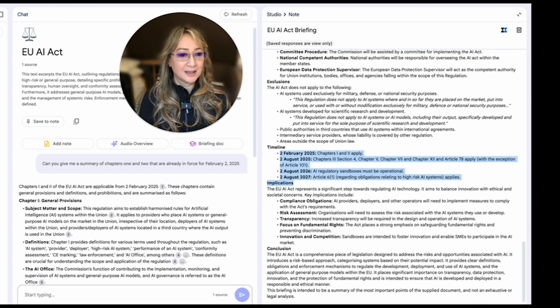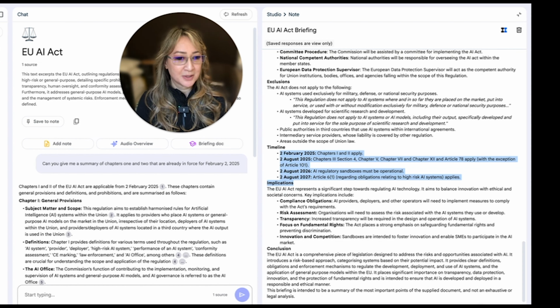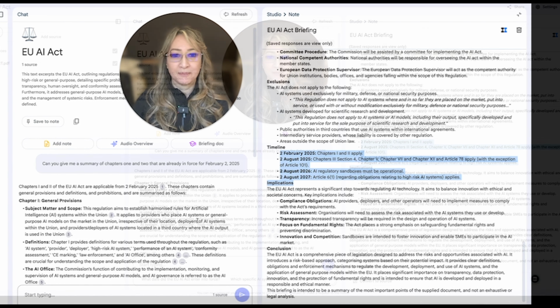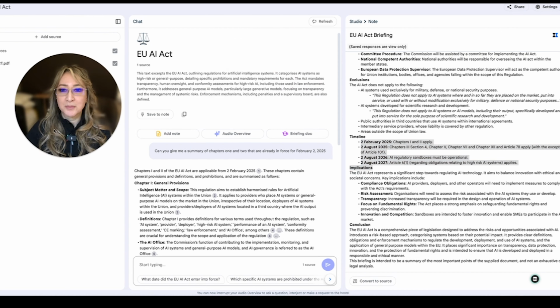It places significant importance on transparency, data protection, innovation, and the protection of fundamental rights, and is intended to ensure that AI is developed and deployed in a responsible and ethical manner. Absolutely important. Okay, so here I've just moved myself out of the way.